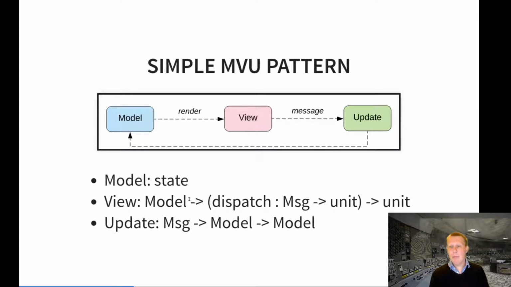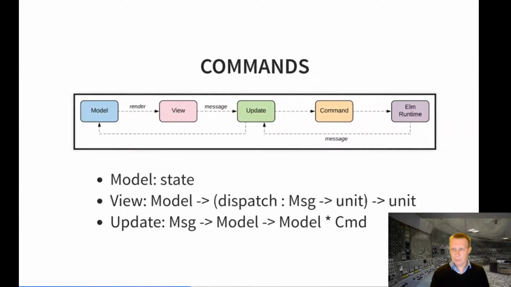Now the view will receive the model and it will receive a dispatch function so that it can dispatch to the update function. Now this dispatch function, it turns out that if we use a mailbox processor, is nothing else but post. So it will post the message, it returns unit, it posts it off and returns asynchronously. So this is the whole idea, and this is really the essence of the MVU pattern.